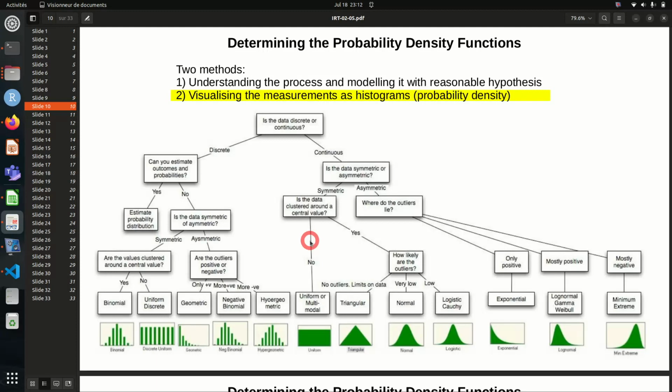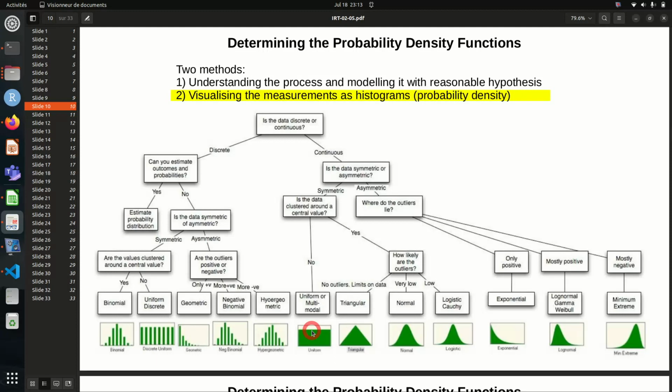So how can we determine this probability density function? We have seen first that the best step is to understand the process. Like for the dice, if we can understand the process and make a reasonable hypothesis, then we go almost directly to the PDF.